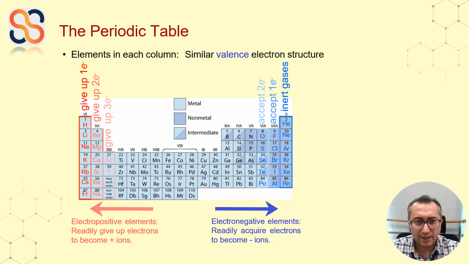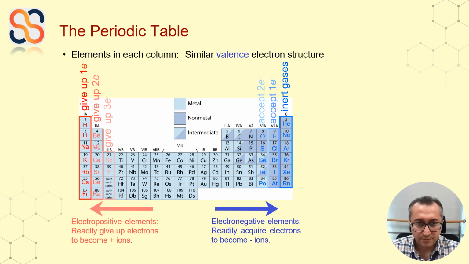We also have electronegative elements. These elements are more inclined to acquire electrons to become negative ions or anions. For example, elements in group 17, such as chlorine, readily accept one electron to become Cl-.